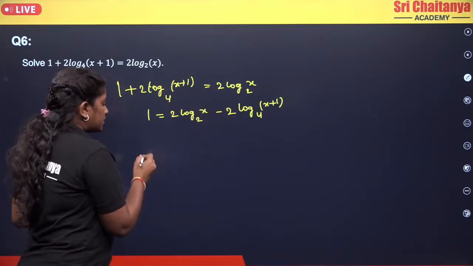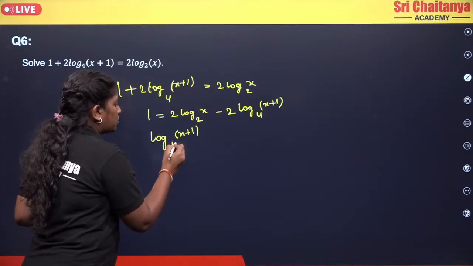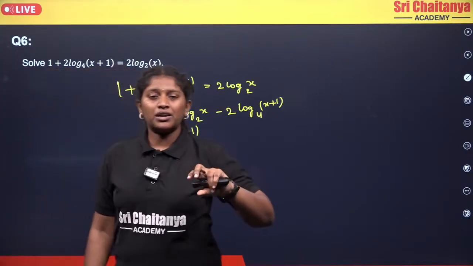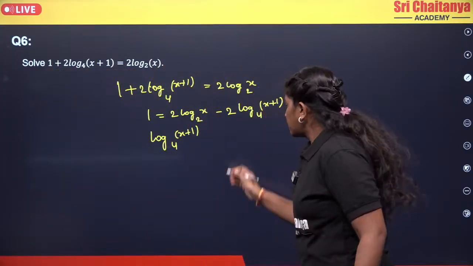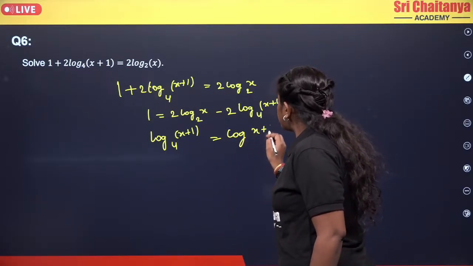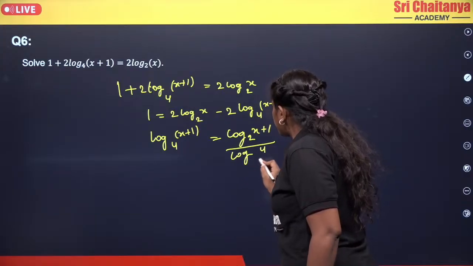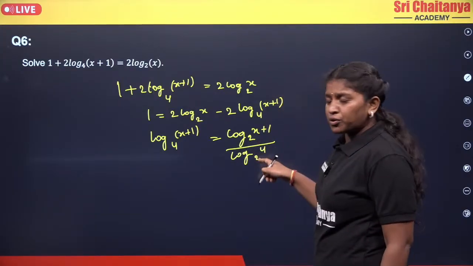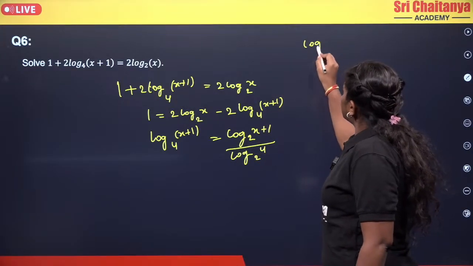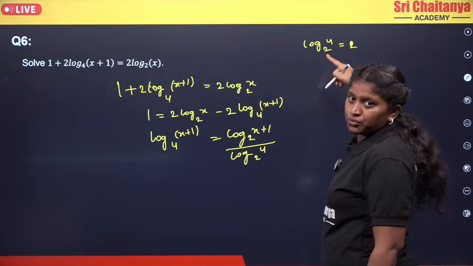So we have to convert them into the same base. For that, let's take our log of x plus 1 to the base 4. We need to convert that base 4 to the base 2. So what we can do? We can write log of x plus 1 to the base 2 by log 4 to the base 2. So log 4 to the base 2 means what? 2 square will give you 4, right?